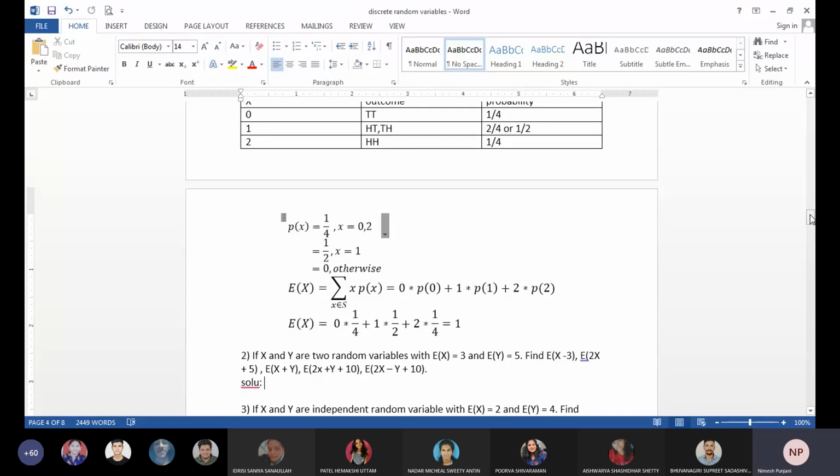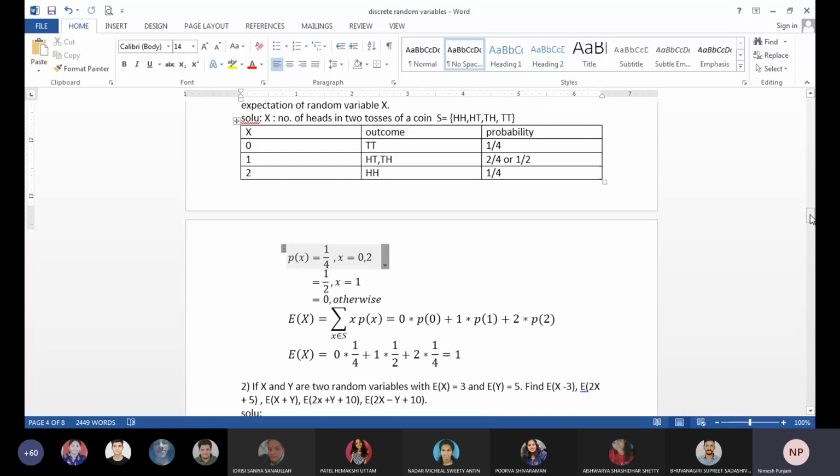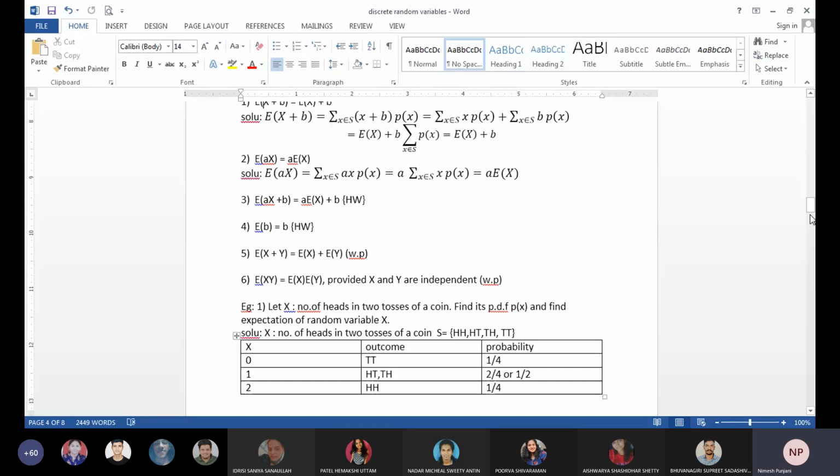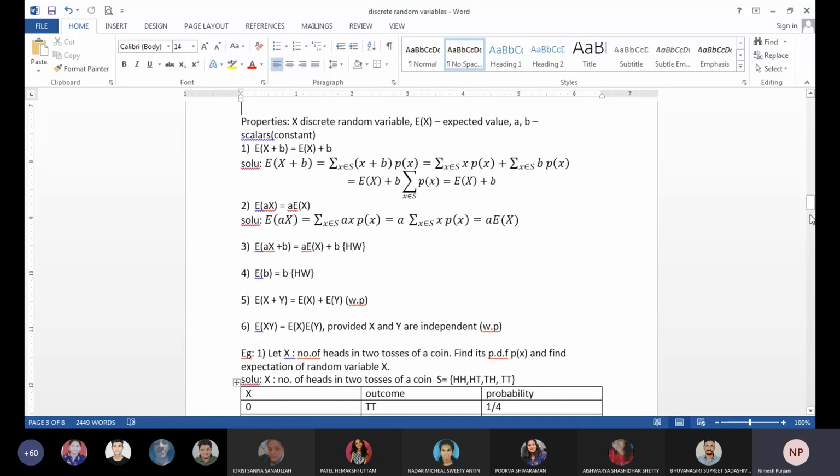Okay. So I'll just scroll up. Take a screenshot of the properties part now. I forgot to tell you at that time. Take a screenshot so that these formulas will be helpful for solving the examples.